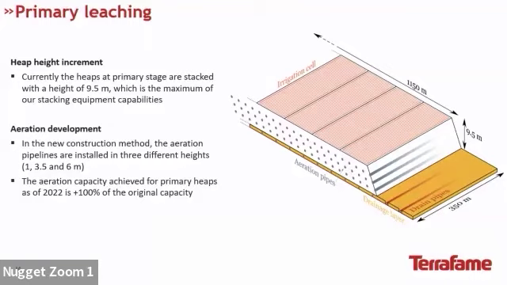And we have also increased the capacity of our blowers up to 100% of the original capacity, and also made some assembly changes. And nowadays we are assembling aeration pipeline inside the heap in 3 layers, which hopefully gives us a better distribution for the air.